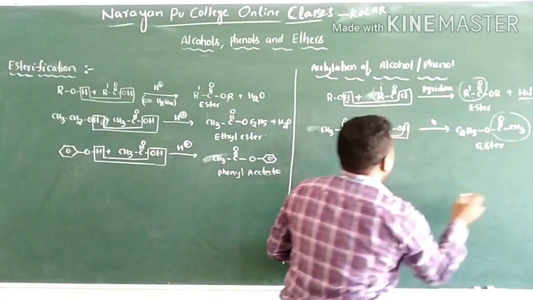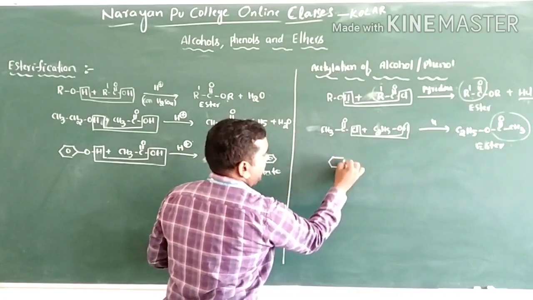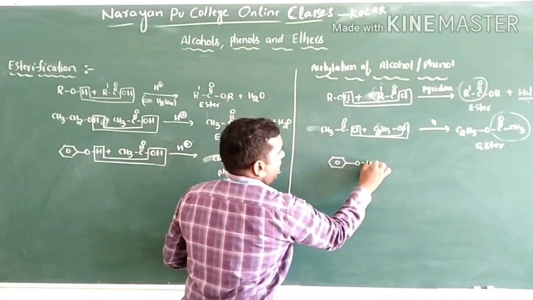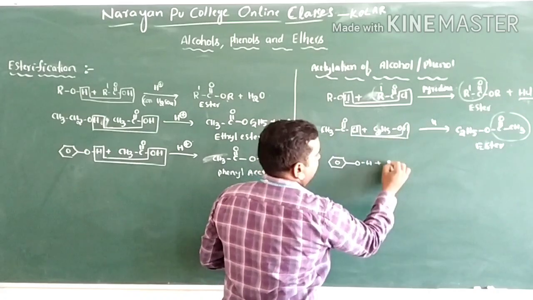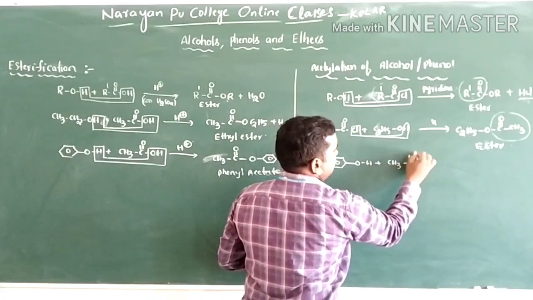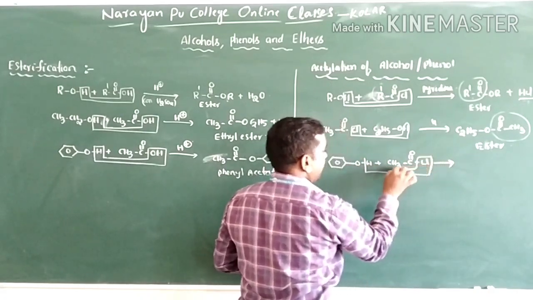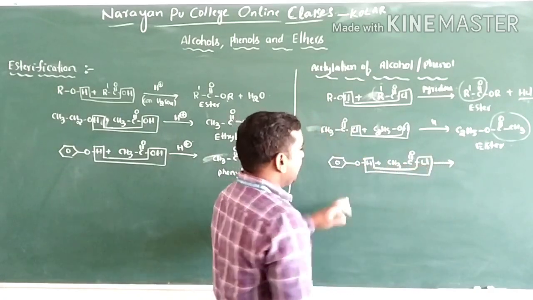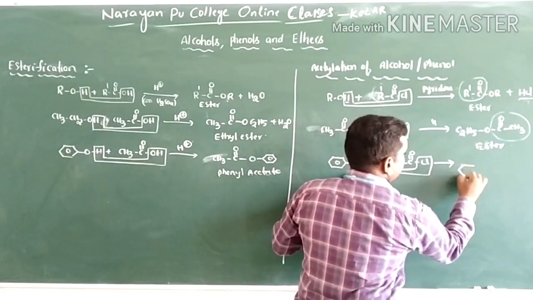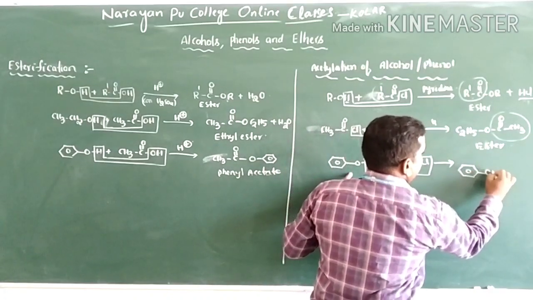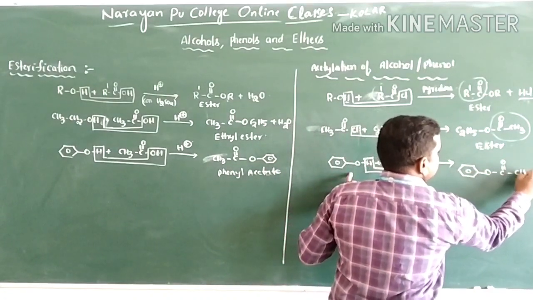In the same way, take phenol, C6H5OH, plus CH3COCl, and do the acetylation. H and Cl will be removed as HCl. Then you will get the compound C6H5-O-COCH3.